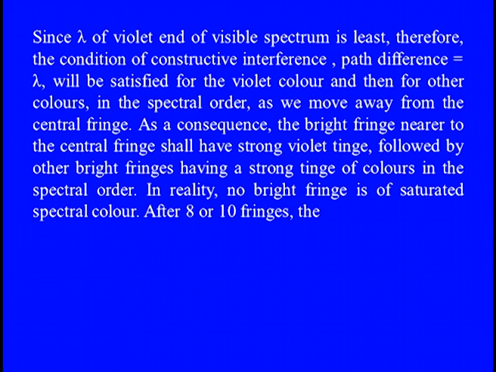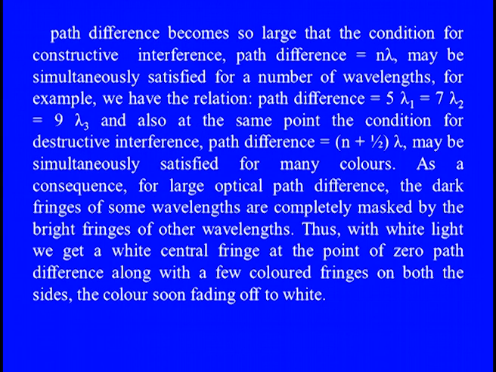In reality, no bright fringe is of saturated spectral color. After 8 or 10 fringes, the path difference becomes so large that the condition for constructive interference, path difference equal to n lambda, may be simultaneously satisfied for a number of wavelengths.